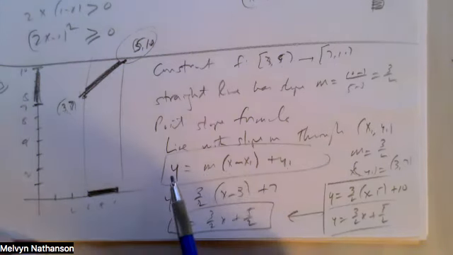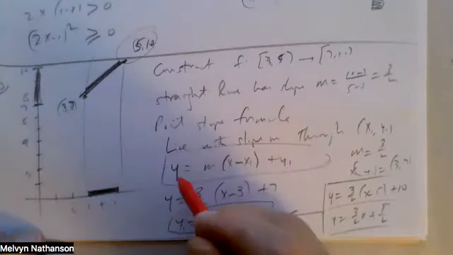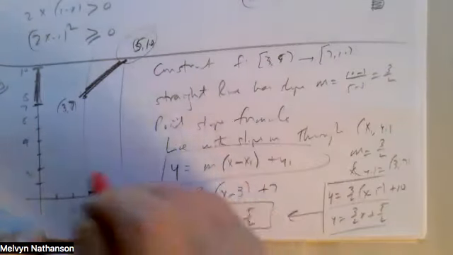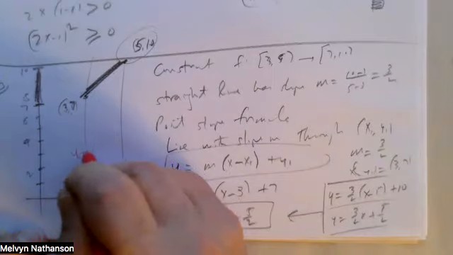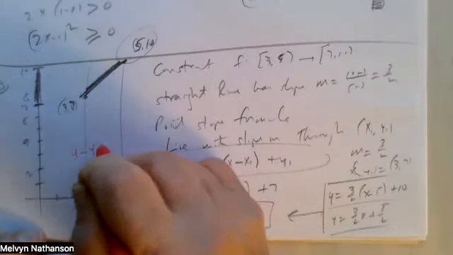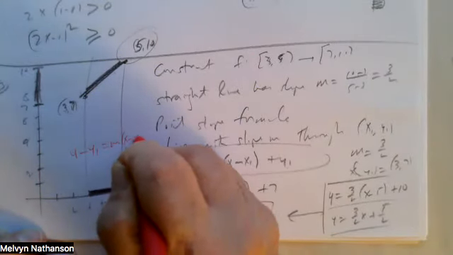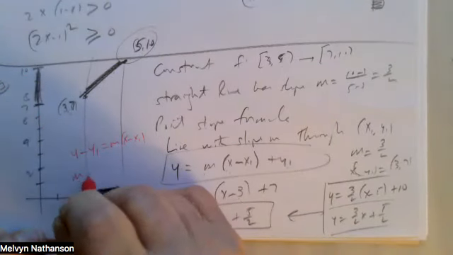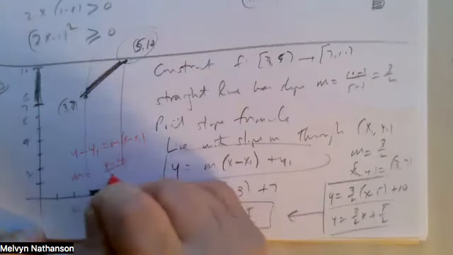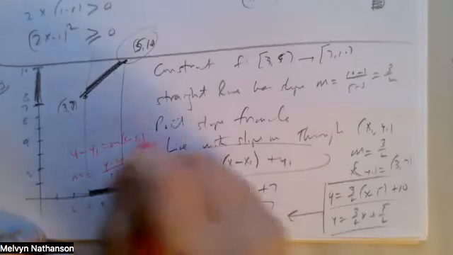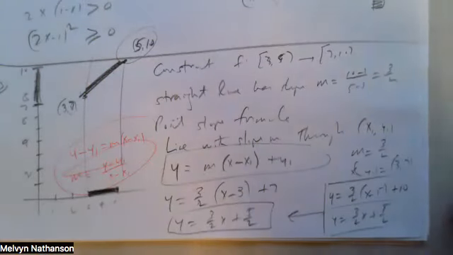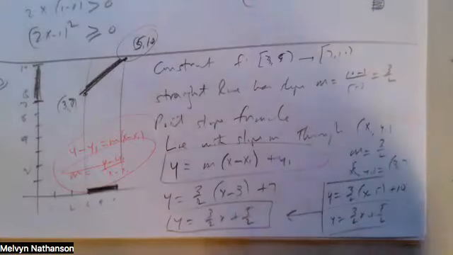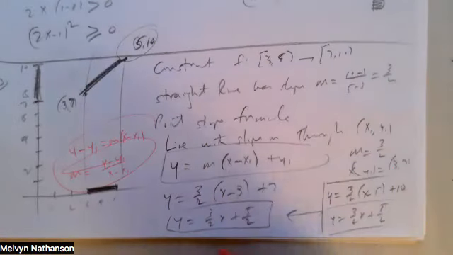I could write this as y minus y1 equals m times (x minus x1), or as m equals (y minus y1) over (x minus x1). They're written slightly differently, but they're the same formula, and they all give exactly the same answer.